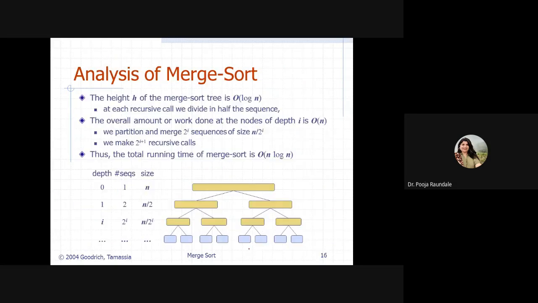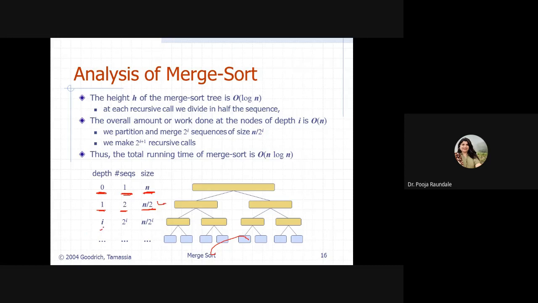So look at this. So analysis of merge sort says, depth, sequence, and size. So 1, this is 2, and n by 2. So your sub problem would be of n by 2.